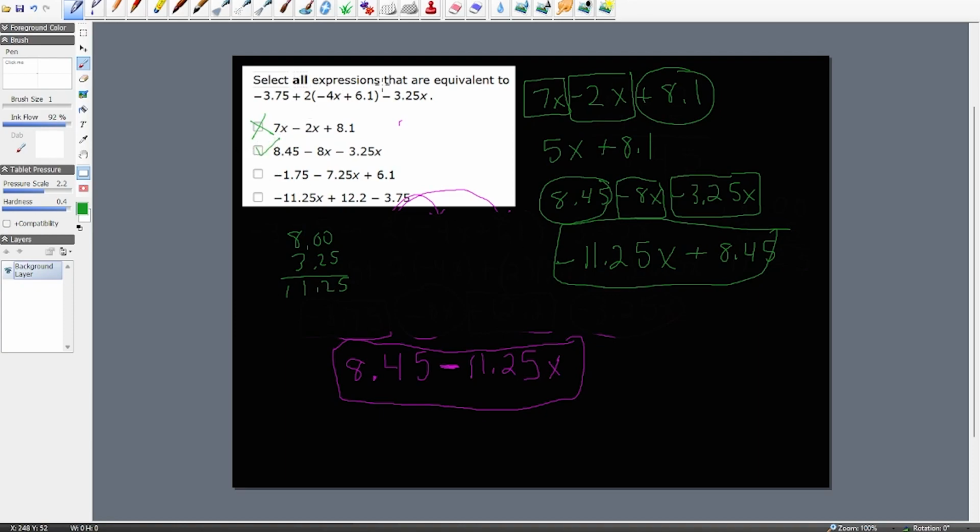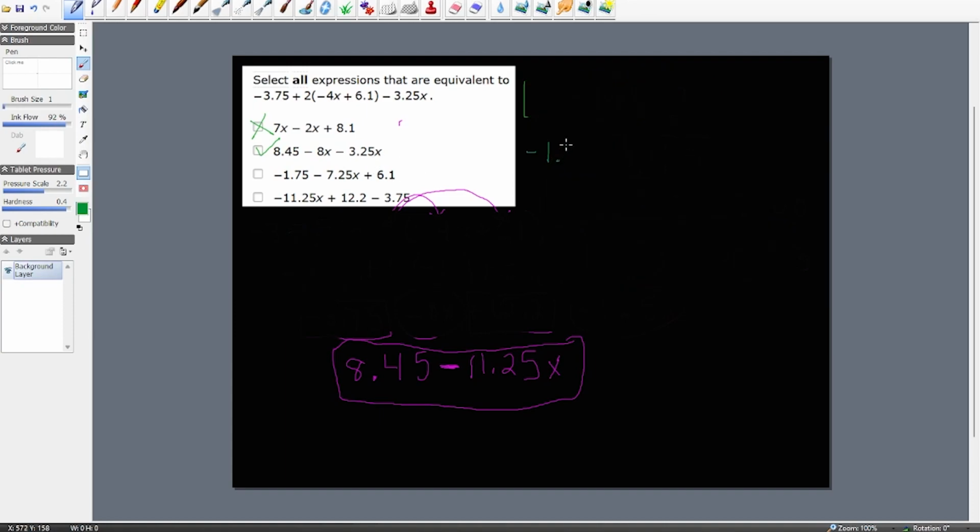Notice though it says select all, so we need to check, as there might be some others.